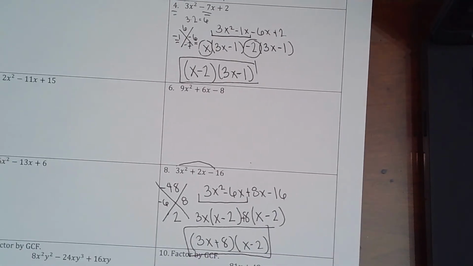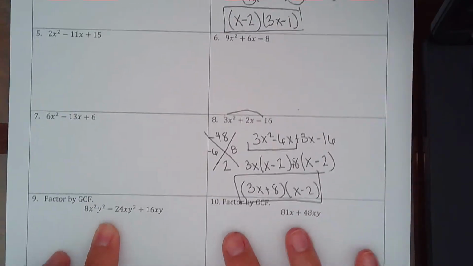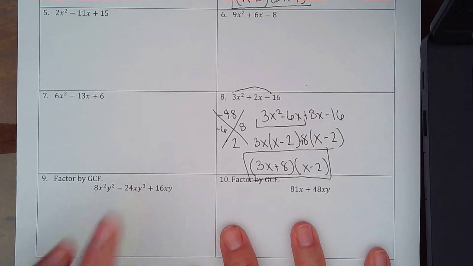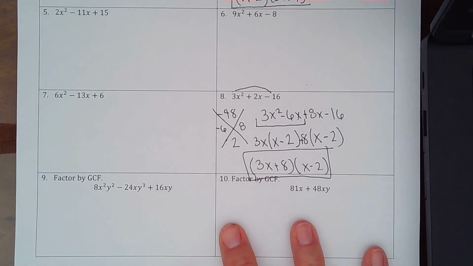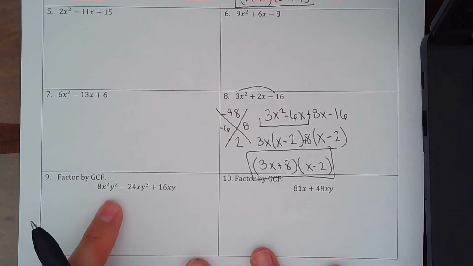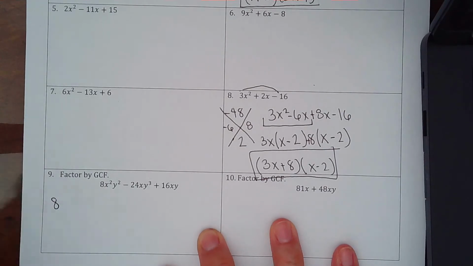Okay, so right here, number 9, I'll jump to now. It says factor by GCF. Well, all I can do is pull out the greatest common factor. I'm going to look and see that they both go into 8, so I'll factor out an 8.